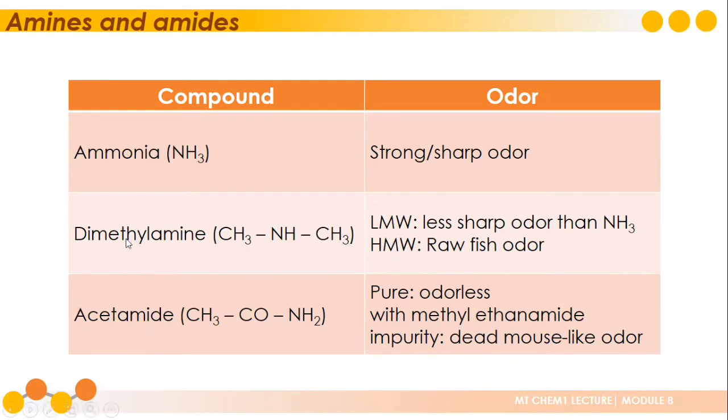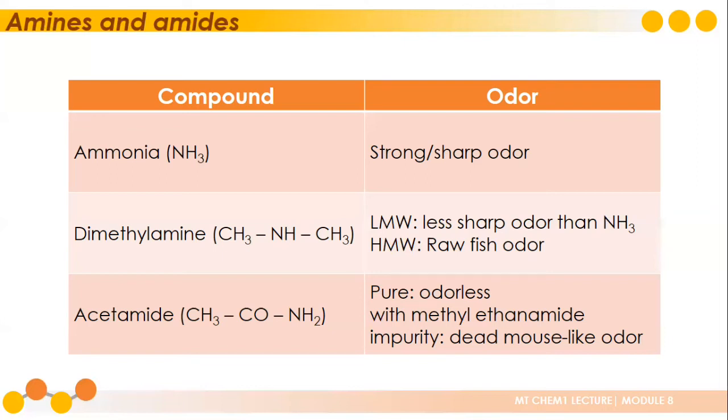Amines, or in this example, dimethylamine, if it's a low molecular weight amine, has a less sharp odor than NH3, though it is still notable as a pungent, foul-smelling one. It is not as sharp as ammonia. High molecular weight amines, on the other hand, smell like raw fish.